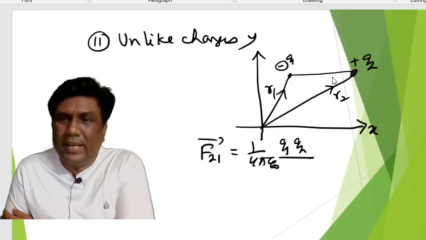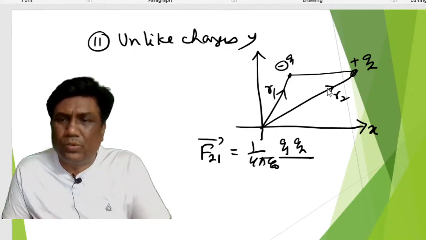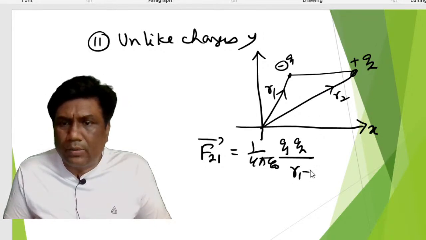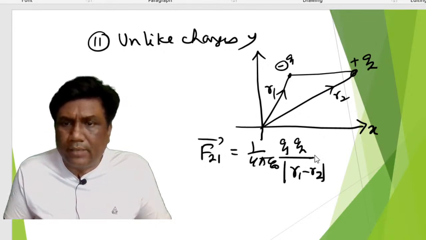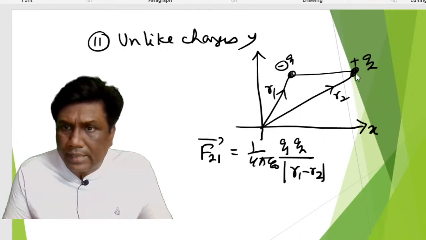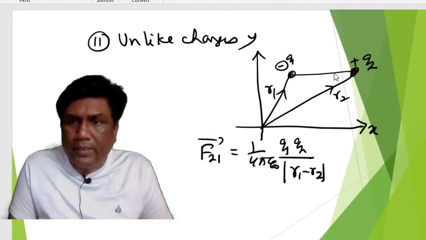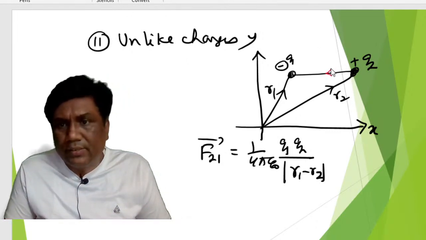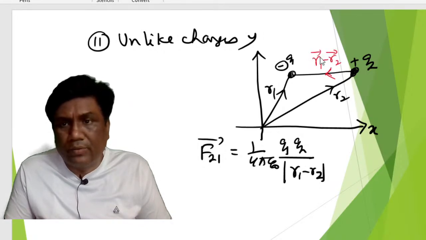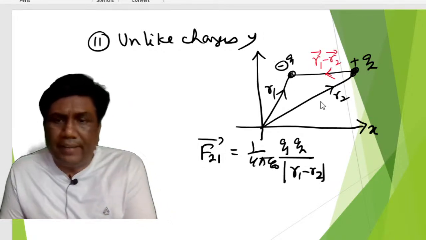This separation you can write as r2 minus r1 also, or r1 minus r2 also, but I will write here r1 minus r2. Why, you will understand, because this negative charge will attract this one. So the direction of force will be in this direction. In this direction the vector is r1 minus r2, not r2 minus r1. We hope you have discussed this in the vector chapter.